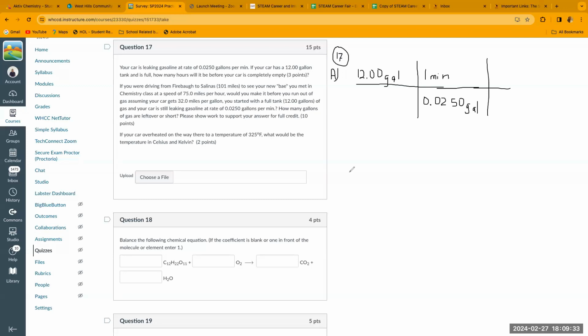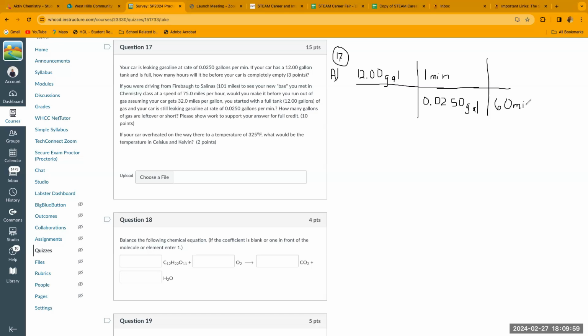What is the conversion from minutes to hours? How many minutes will equal an hour? Okay, so we know that 60 minutes. Am I going to put that on the bottom or on the top? Bottom, that's right. So I'm going to put my 60 minutes on the bottom since I want to cancel out the units.